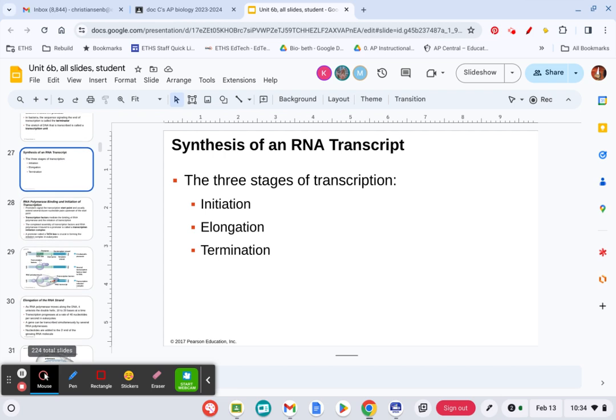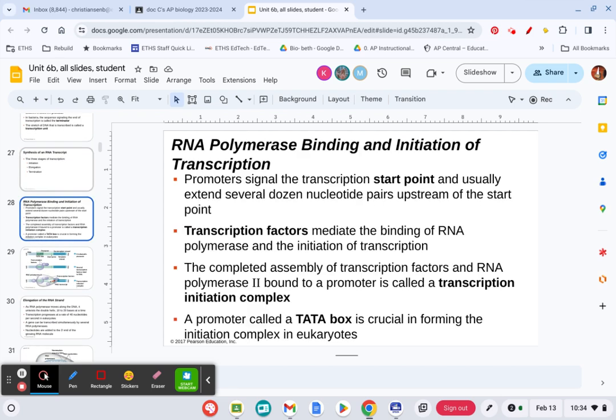We're going to talk about promoters. That promoter area is a sequence of nucleotides. So A's, T's, and G's, because it's all just DNA. But it's a sequence that's going to tell the RNA polymerase where to start.